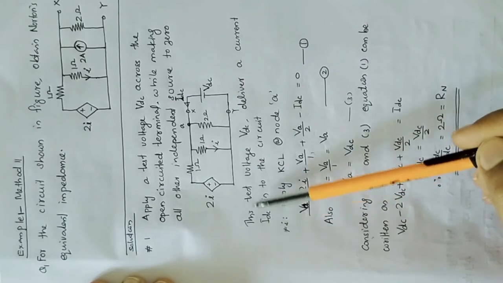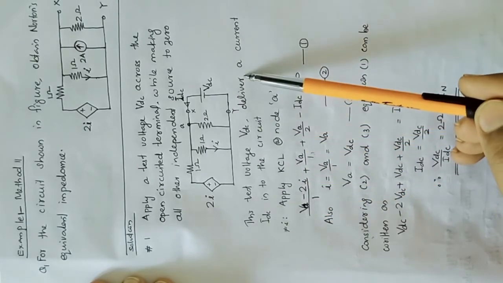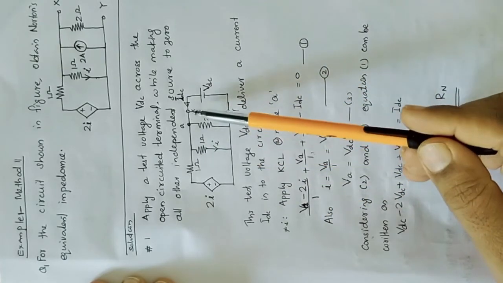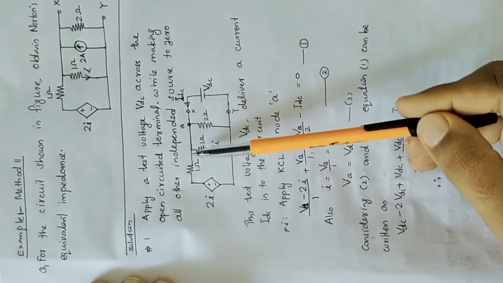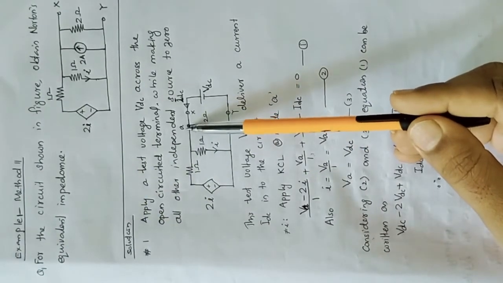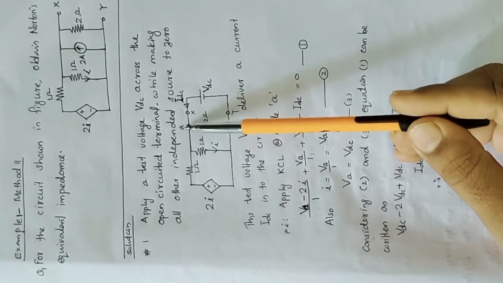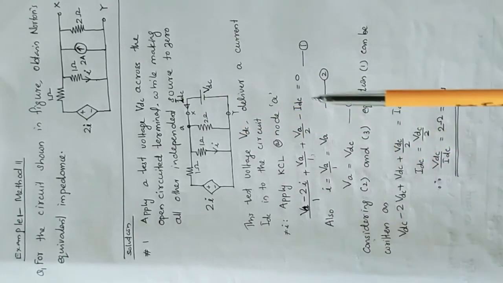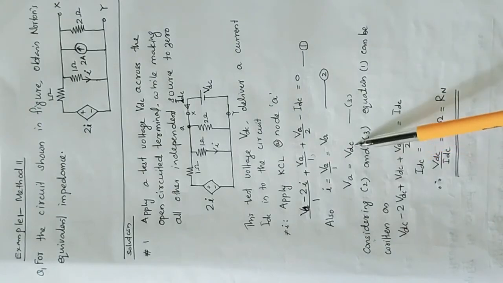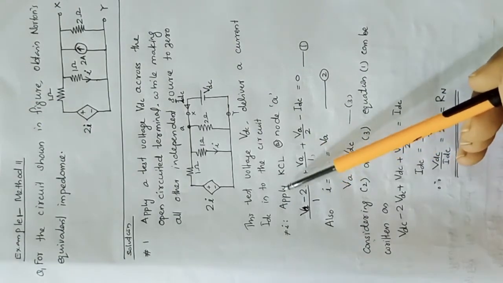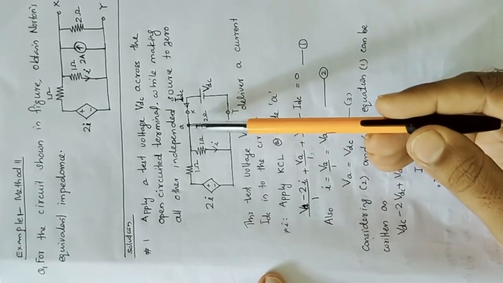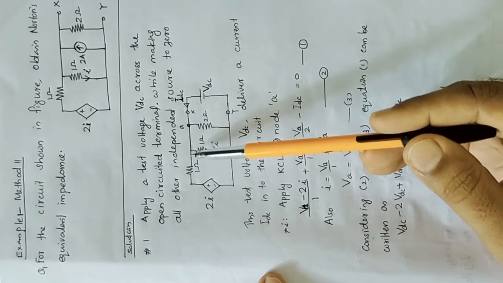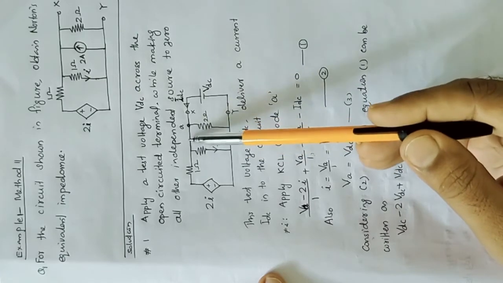So this test voltage VDC sends a current IDC to the circuit. Considering this node, let's assume the voltage at node A is VA, which is exactly equal to VDC. Applying KCL at node A, we write the nodal equation with all the currents assumed to be leaving the node.